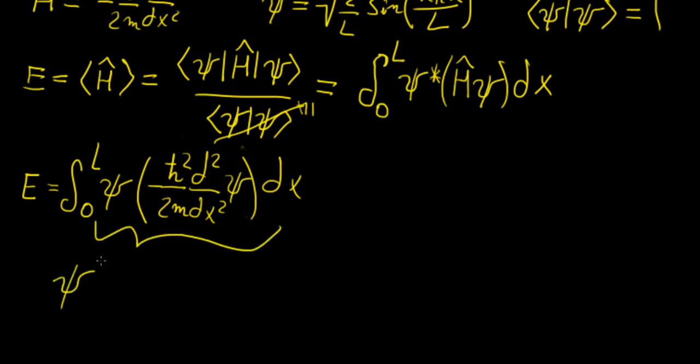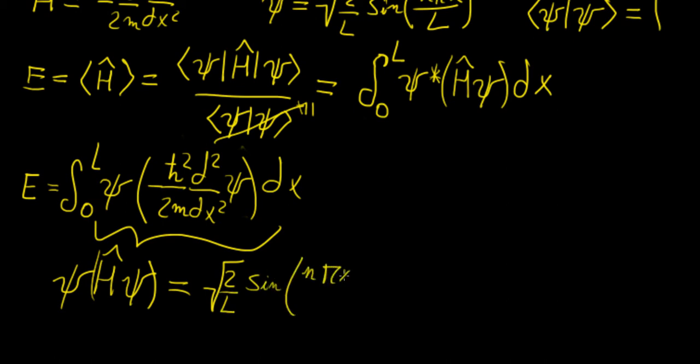Let's have psi times the Hamiltonian on psi. So this is going to be the wave function, 2 over L sine of n pi x over L. And now the next thing is, we're going to multiply this by minus h bar squared over 2m times the second derivative of this.